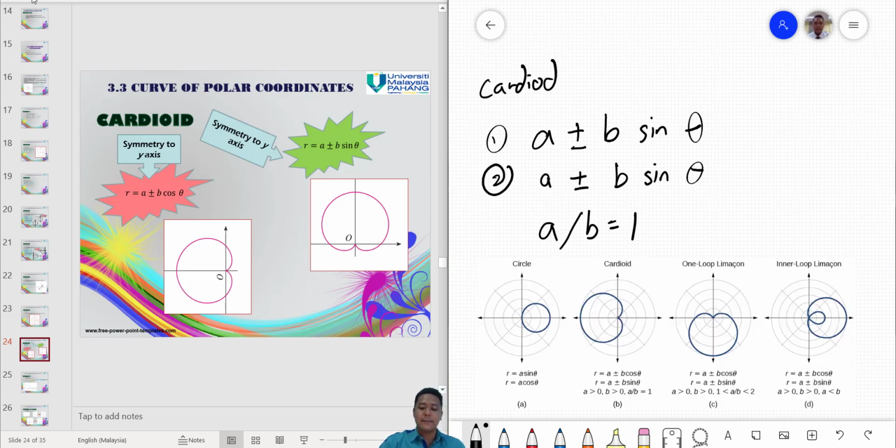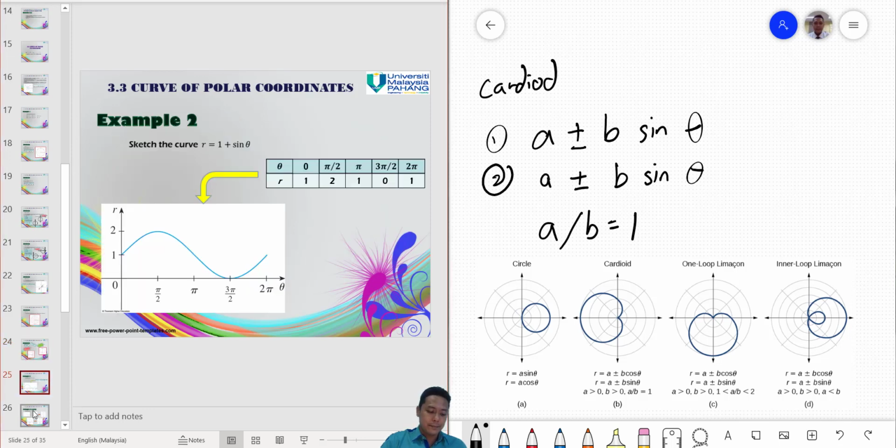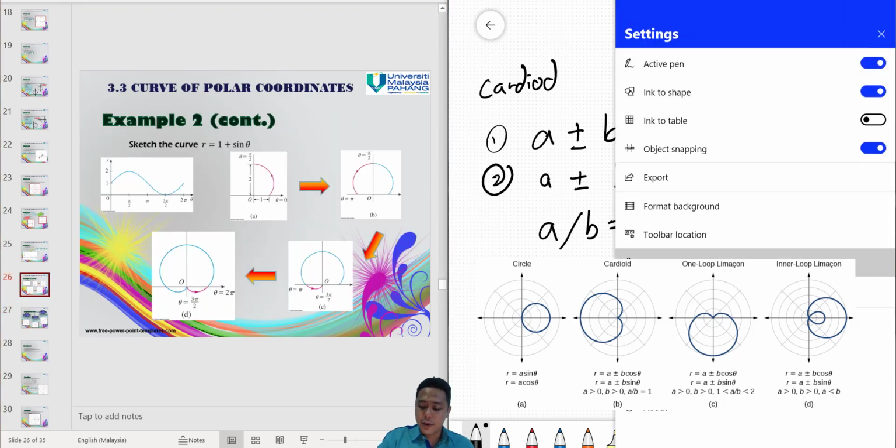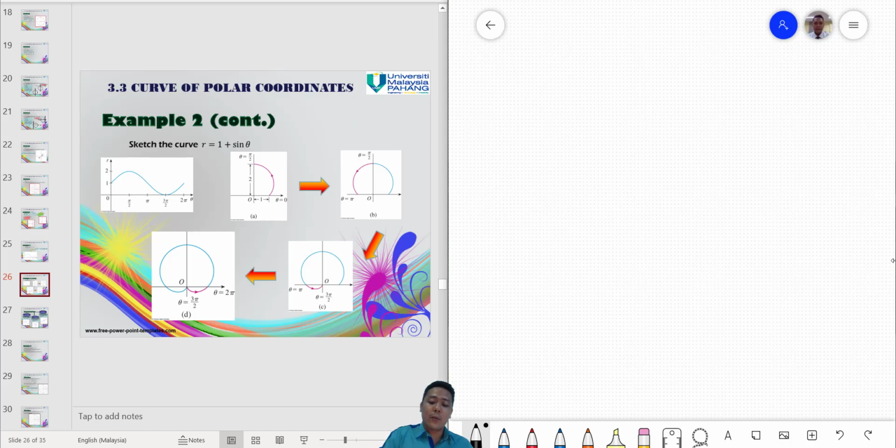To recap, we already covered several shapes, starting with line. Then we proceed with a circle, center at origin.